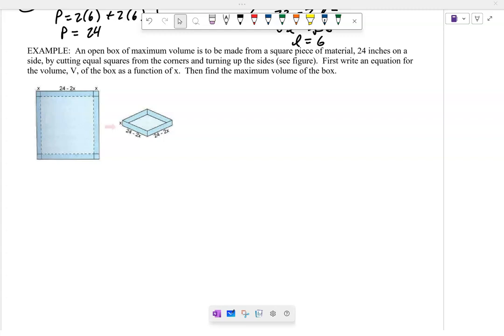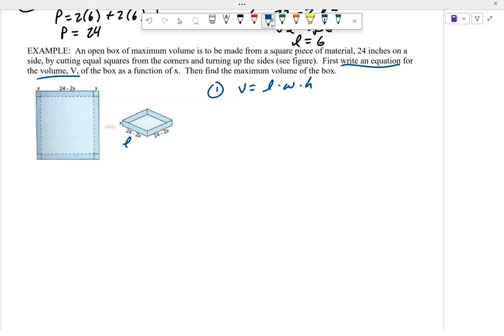All right, we've got an open box of maximum volume made from a square piece of material, 24 inches on a side. Cut equal squares in the corners, turn up the sides as shown on the right-hand side there. First, write an equation for the volume of the box. So our volume would be length times width times height, right?